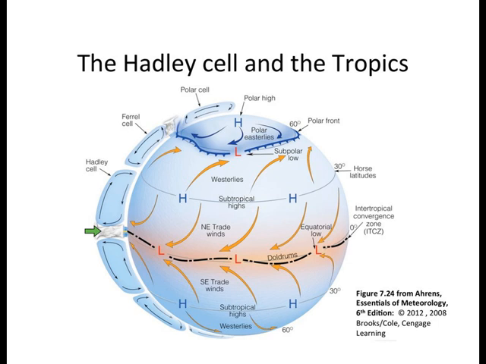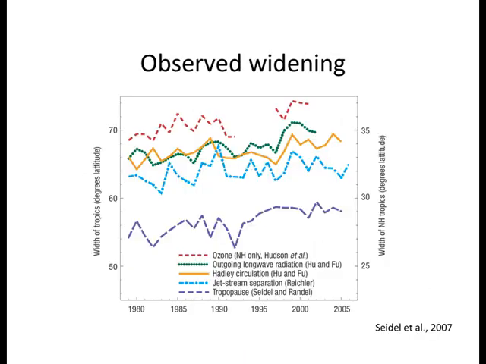Because of the Hadley cells' domination of tropical climate, the circulation is often used either as a metric or even sometimes as a definition of the tropics. But lately, the width of this circulation pattern and of tropical climate zones has been increasing. This was first noted by Hudson and others, including I think Karen Rosenlof, looking at total column ozone levels.